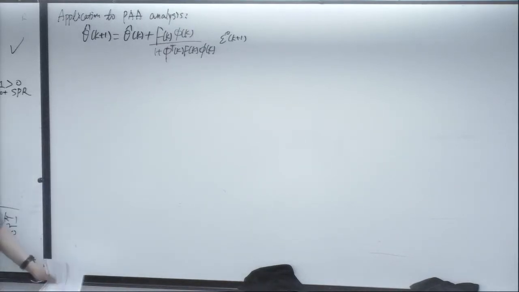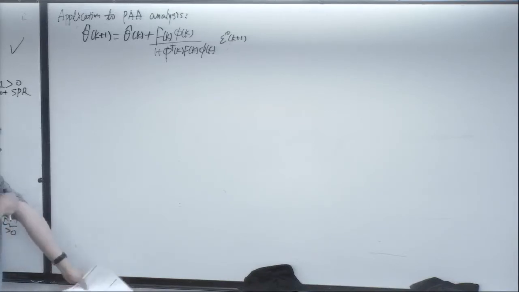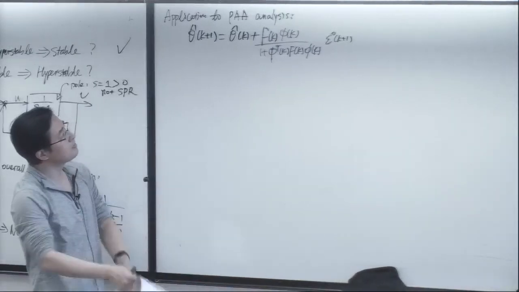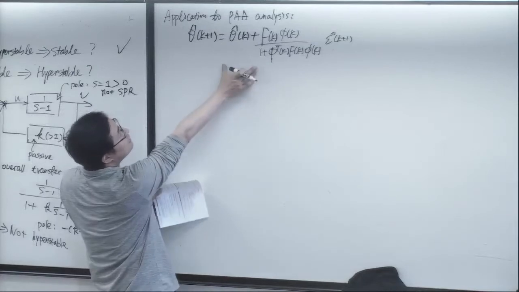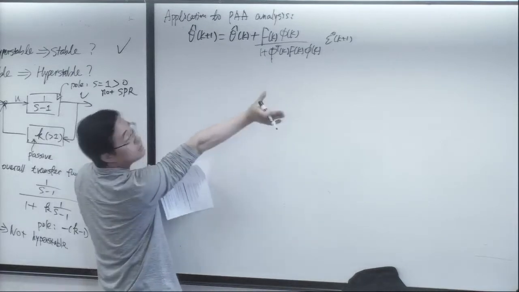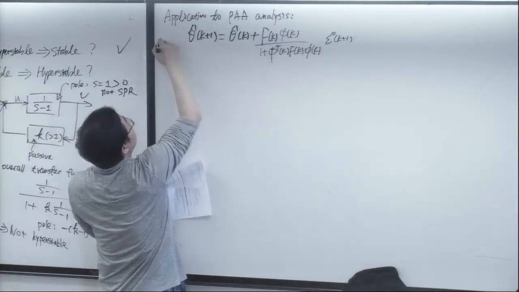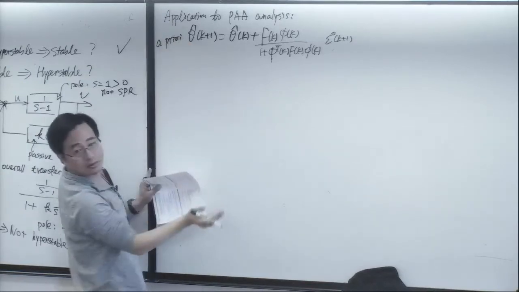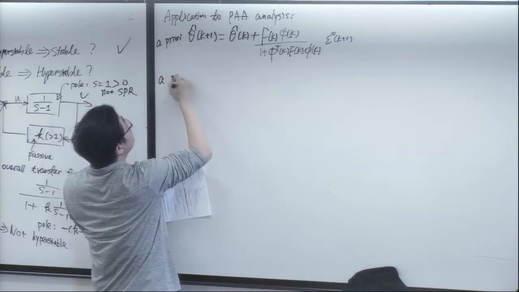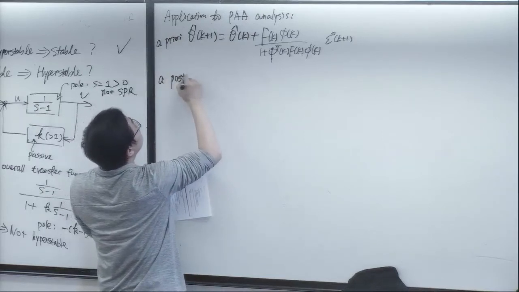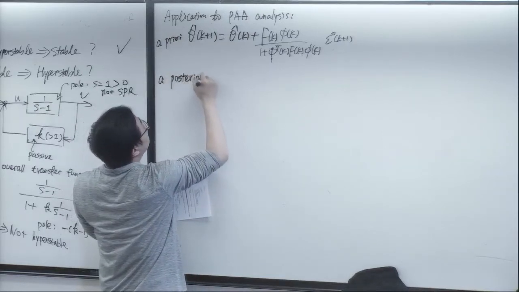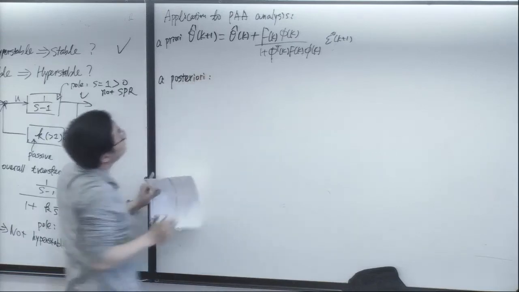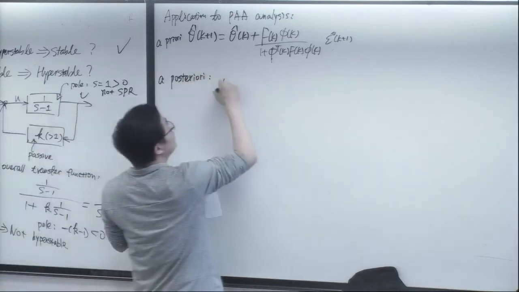There are two steps, and one of them was actually mentioned a few lectures earlier. The first step is, this is still a lot of terms. This is the a priori adaptation law. So the first step is to recall the a posteriori adaptation law, which was this.